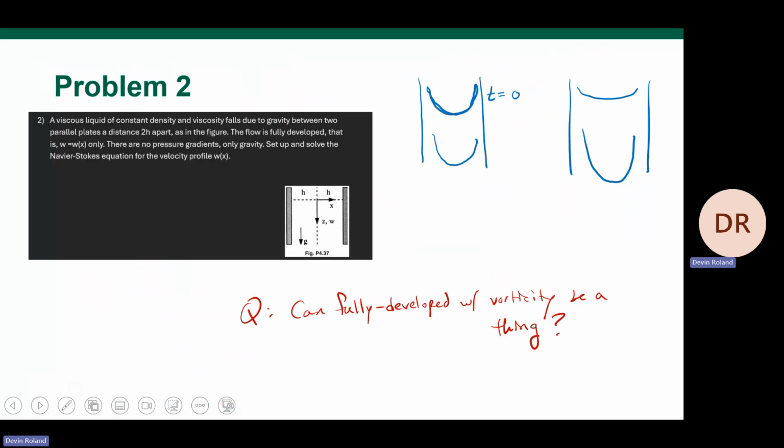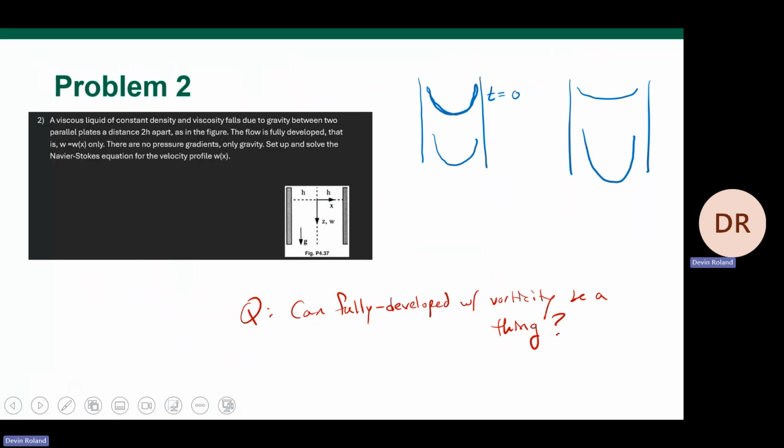This problem is similar to the previous one. It's an application of Navier-Stokes. What's on the screen right now, one is a question I'm going to ask Dr. Vassal, and the other is an explanation I'll come to in just a moment.